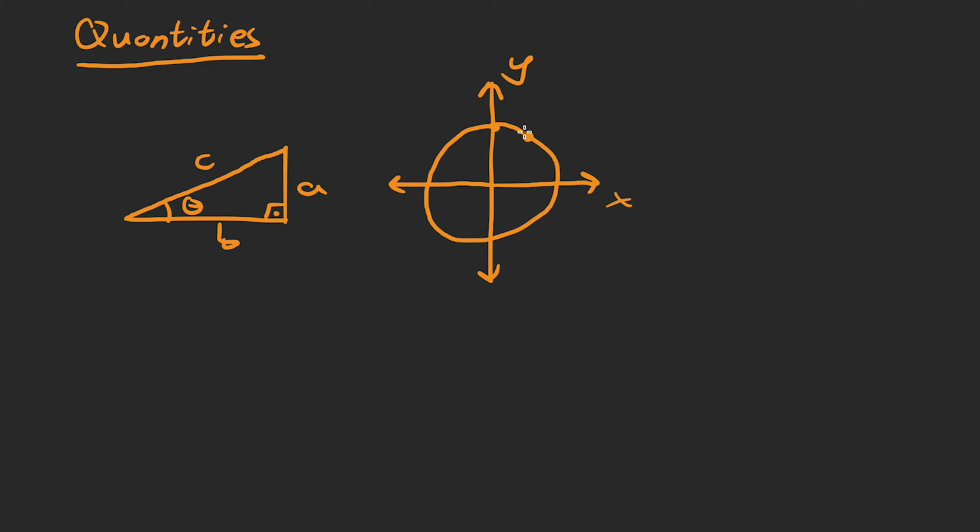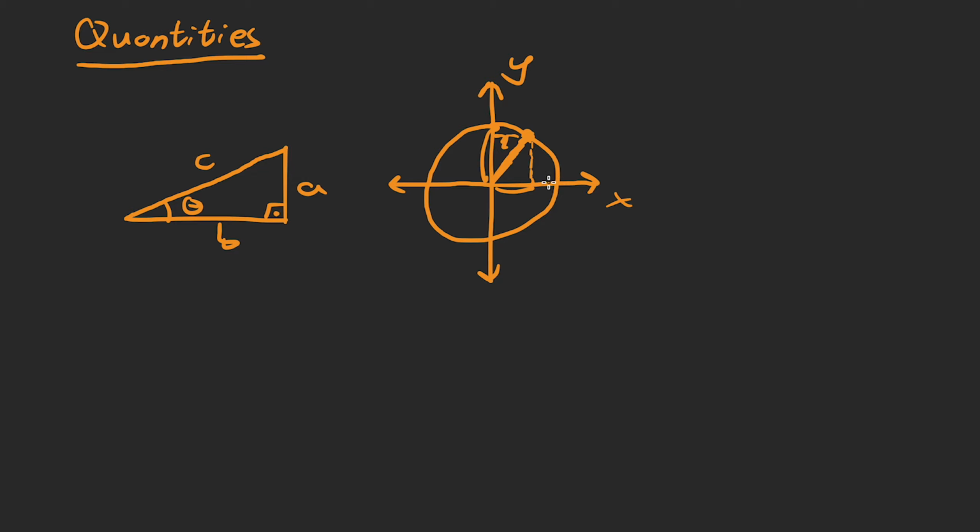So we can take any point on the circle. Let's connect that to the origin of our coordinate system. And since this is a unit circle, every radius, each length of that would be equal to 1. So we want to know, for our purposes, these side lengths.